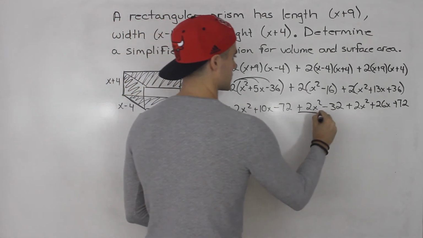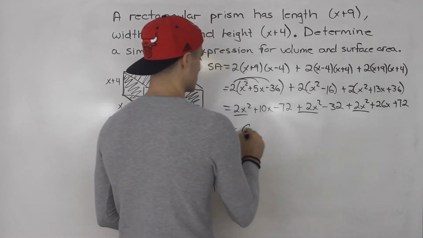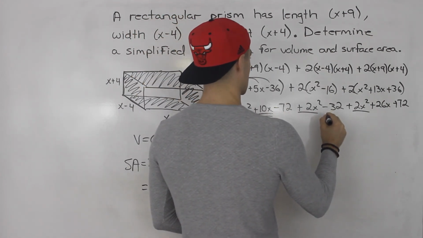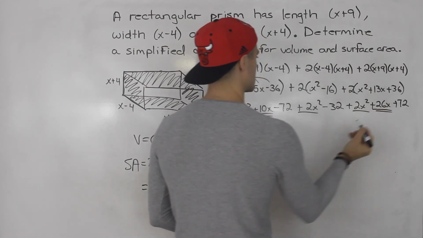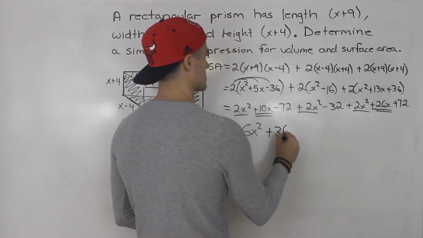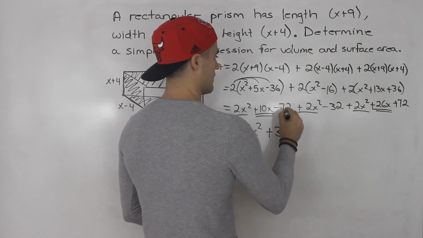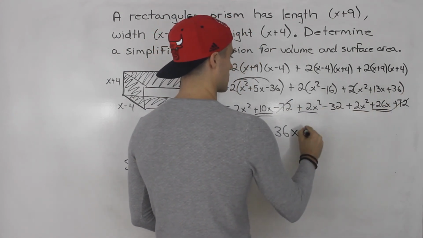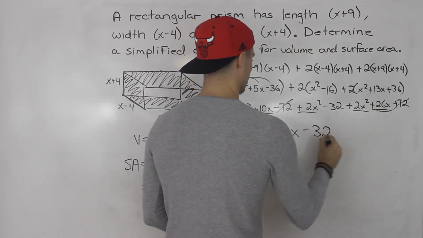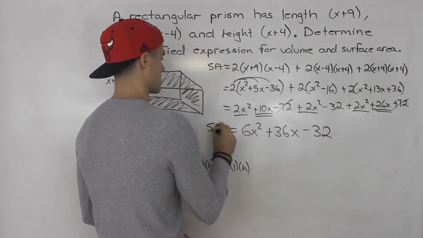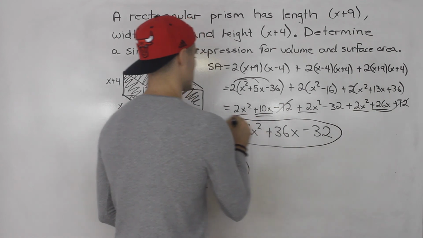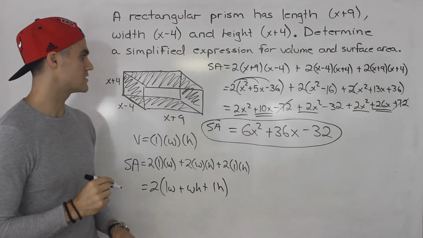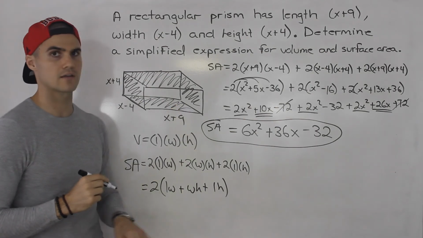So 2x squared plus 2x squared plus 2x squared gives us 6x squared. 10x plus 26x would give us 36x. And then minus 72 plus 72, notice those cancel out. So we're just left with minus 32. So that there is the final simplified expression for the surface area for this rectangular prism.